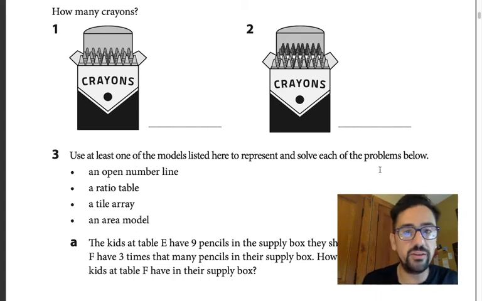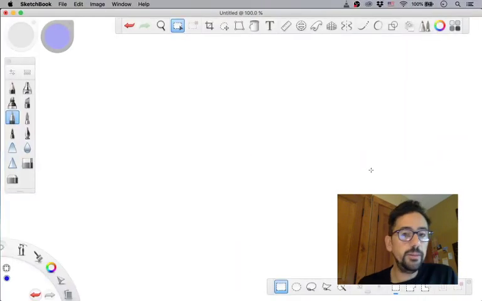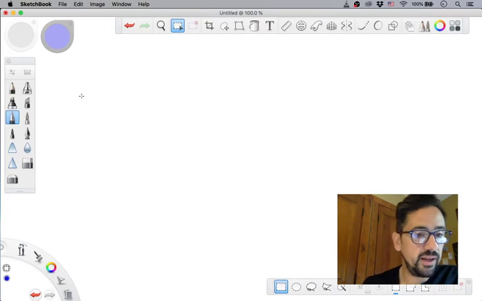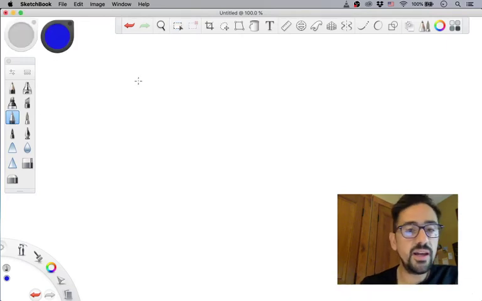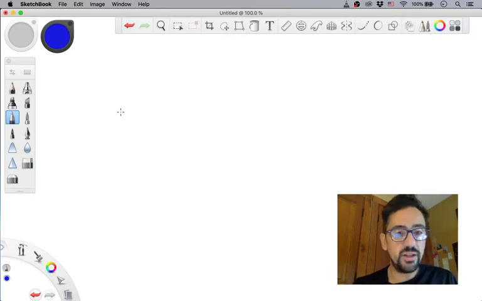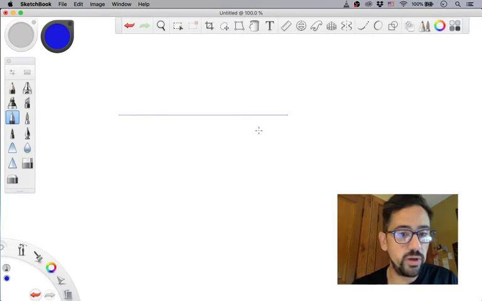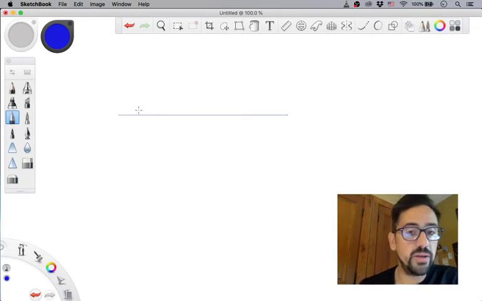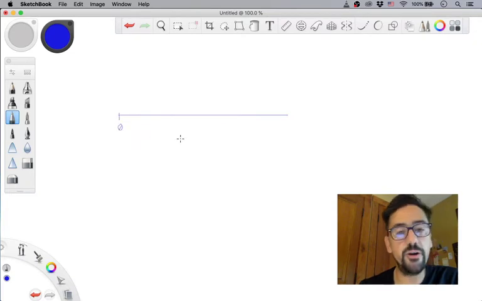Let me go back to my sketchbook and take a pen right here. If you had told me that you skip counted, I would have created an open number line, which is one of the models that we're going to be using in this unit. Let's imagine that this is an empty box of crayons.